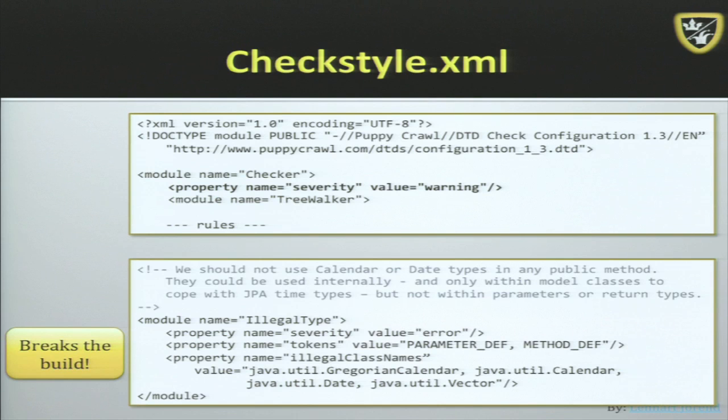This rule says it's illegal to have a parameter, return type or a method definition, return or argument to a method to be one of Gregorian calendar, java.util.Calendar, java.util.Date, or java.util.Vector, because we want people to use other classes or other alternatives. And this would break the build in case it was incorrectly configured. Nasty, yeah, but very efficient.